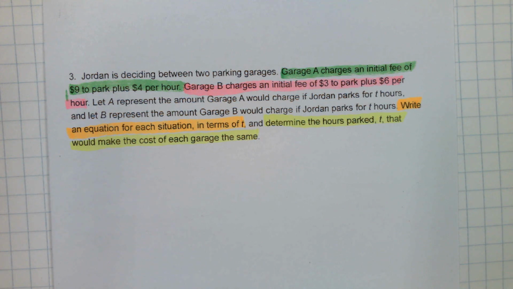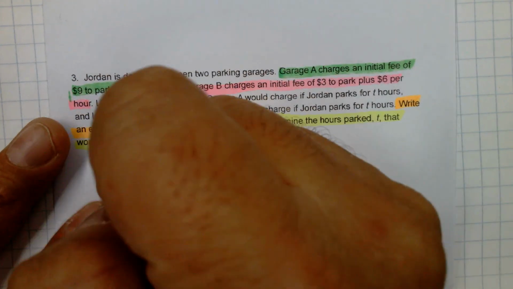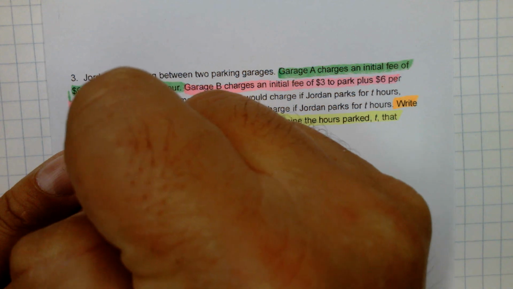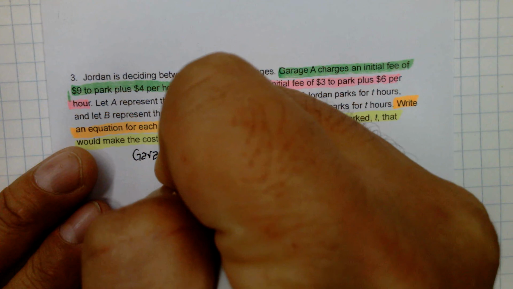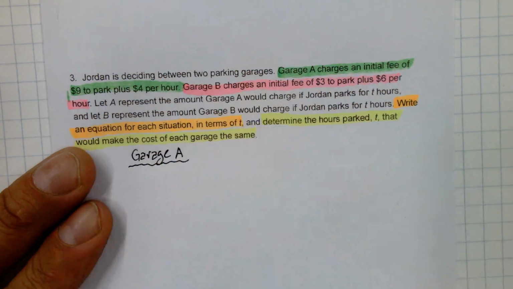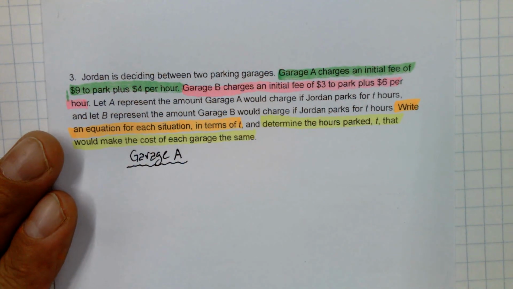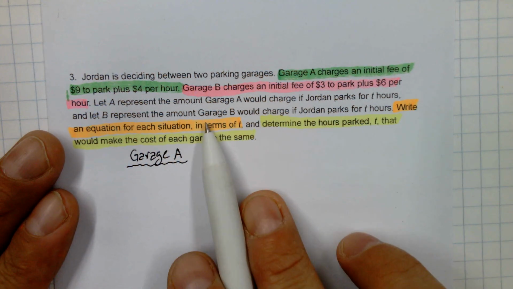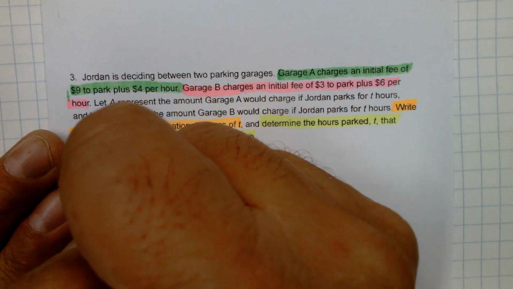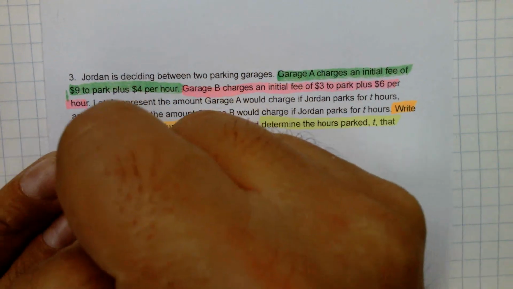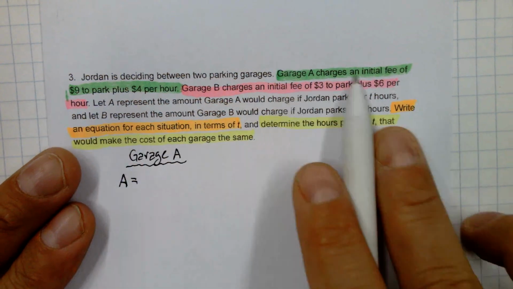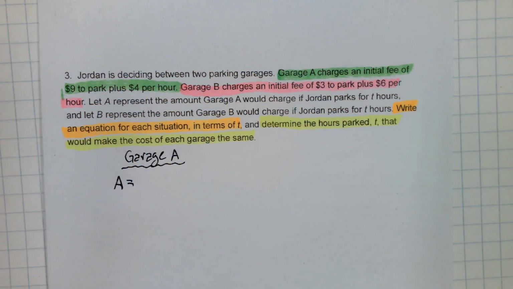Okay, so I know it seems like a lot to take in, but let's just take it step by step. Let's start with garage A. Let's figure out the cost for garage A. They're telling us to use the variable A for the cost of the garage. So instead of Y, we're going to use the variable A. A equals, and then read that part in green that we did.